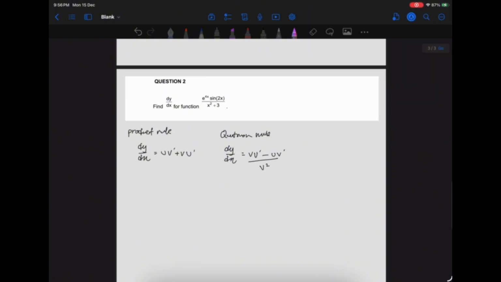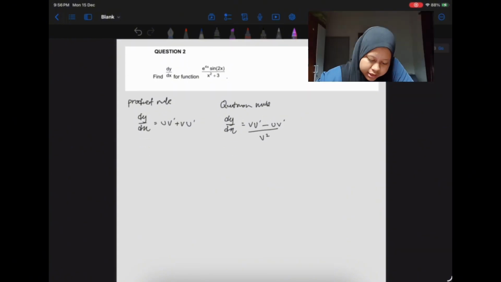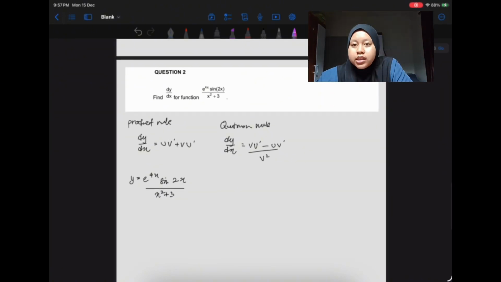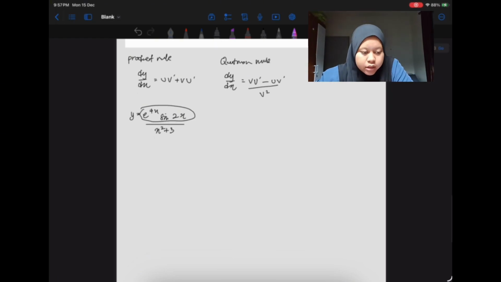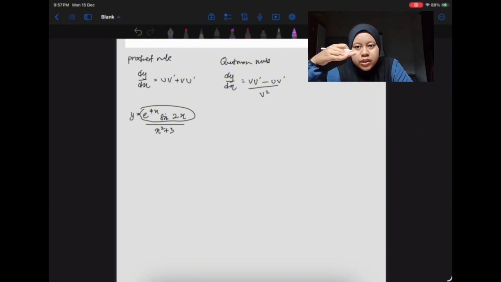So y equals e^(4x) sin 2x over x² + 3. Here is the question. We are going to differentiate the top part first, using the product rule, because this is not divided by something.